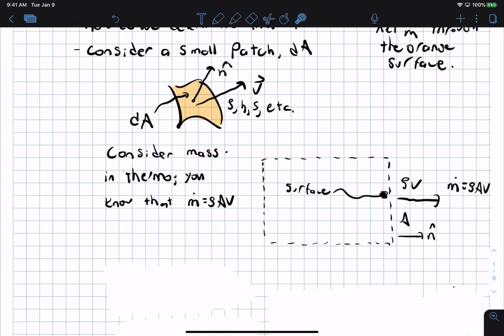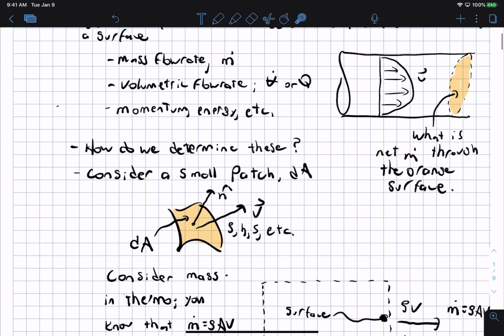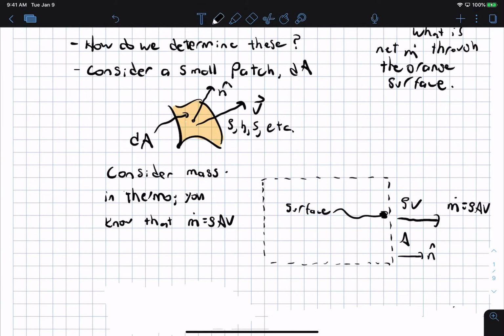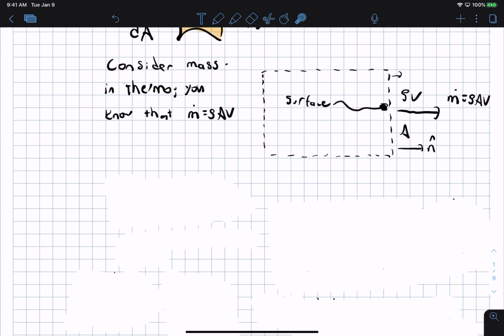Okay, now we have some wrinkles here. First, we can go back up to here. What if there is a velocity profile? So basically, what if the velocity is going very slow here, and it's going faster over here? How do we deal with that case? Or what is also very common is, this is sort of intuitive because the direction of the velocity vector and the normal vector of the area are perfectly aligned.